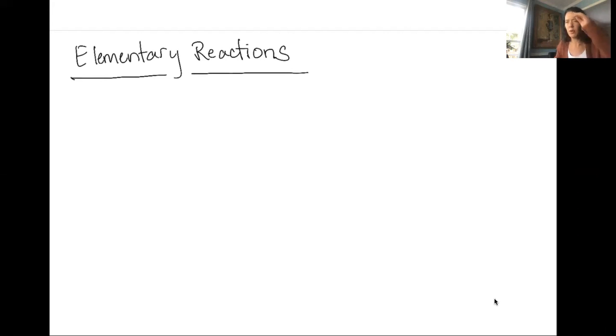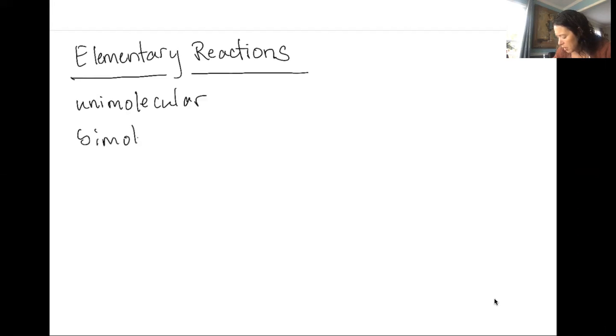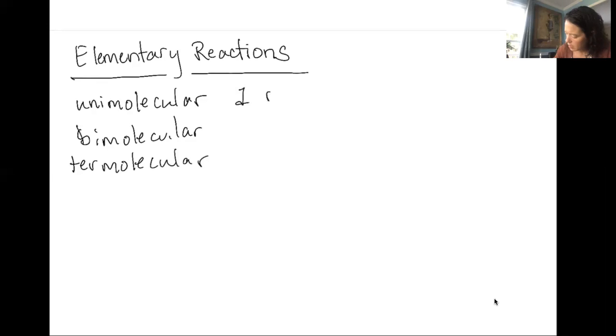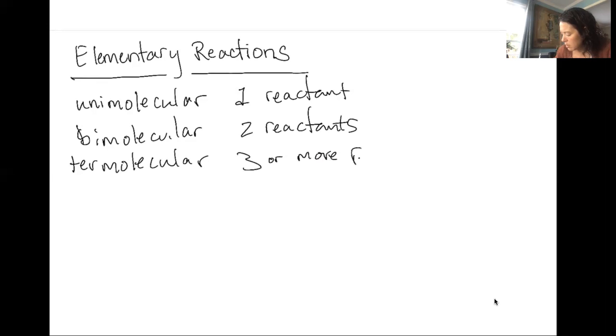And these elementary reactions can be unimolecular, bimolecular, and termolecular, okay? Simple. This simply means one reactant, two reactants, three or more reactants.